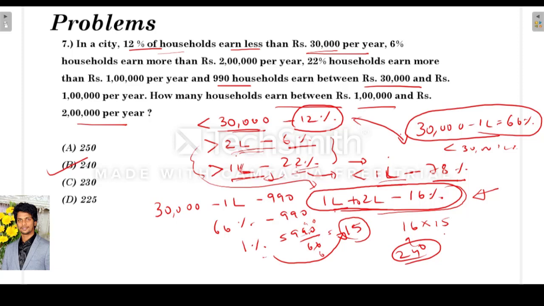And again they are telling 990 households earn between 30,000 and 1 lakh. So from these two we can say between 30,000 and 1 lakh, 66% households will be there, and this 66% corresponds to 990. It means 1% is equal to 15. So now they are asking how many households earn between 1 lakh and 2 lakh, which is 16%. So 1% is 15 means 16 into 15, 240.